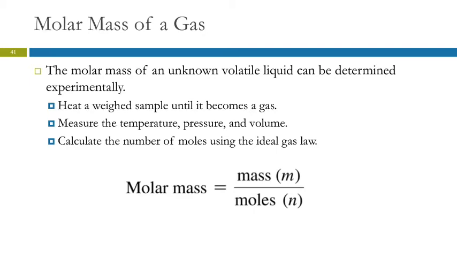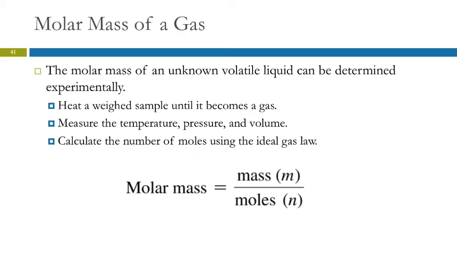So we'll take a sample of that liquid, heat it until it becomes a gas, measure the temperature, pressure, and volume of that gas. If we know the pressure, the temperature, and the volume, we can calculate the number of moles using the ideal gas law. And we know its mass because we weighed it. So we take the mass of the gas and divide by the moles, and that will give us the molar mass.